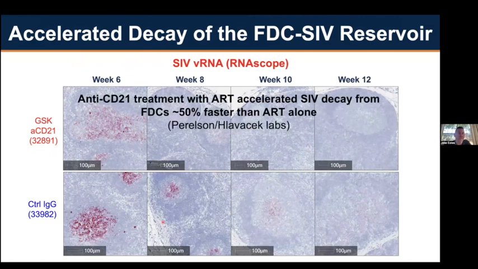And the take-home message from this is that when we look at this over a 12-week period of time, we see that this anti-CD21 treatment actually accelerated SIV decay on the FDCs about 50% faster than ART alone.